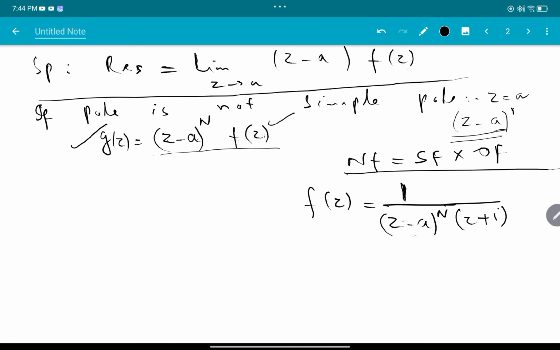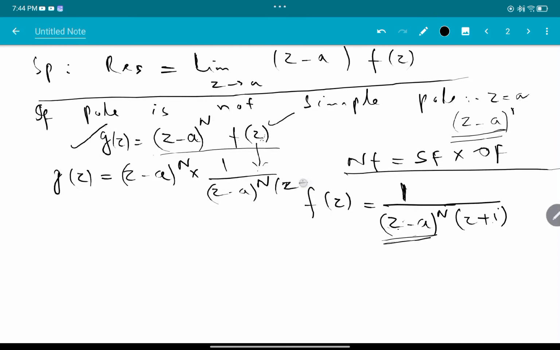So you can remember g(z) like this. Let g(z) be that part of f(z) which does not have the singularity factor in the denominator. What is that part? It is 1 by (z plus i). The same thing can be obtained by this. We can write g(z) is equal to (z minus a) raised to n into 1 divided by (z minus a) raised to n into (z plus i).